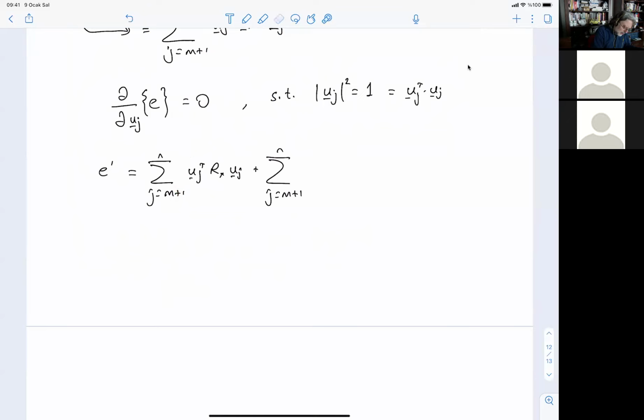Maybe I should do that. Why am I just repeating this summation term here? Let me open a parenthesis from here and put a term like lambda times, but it's lambda j because it depends on which j index we are at, 1 minus uj transpose uj.